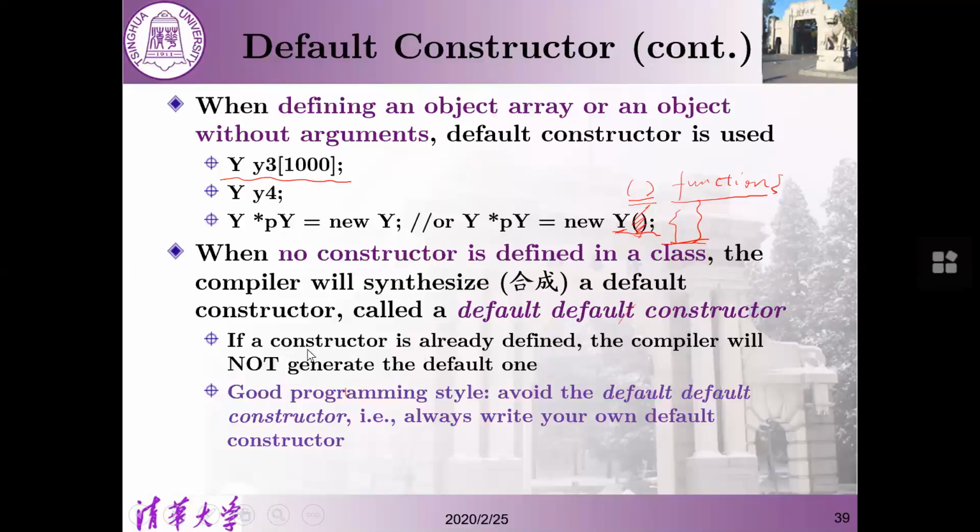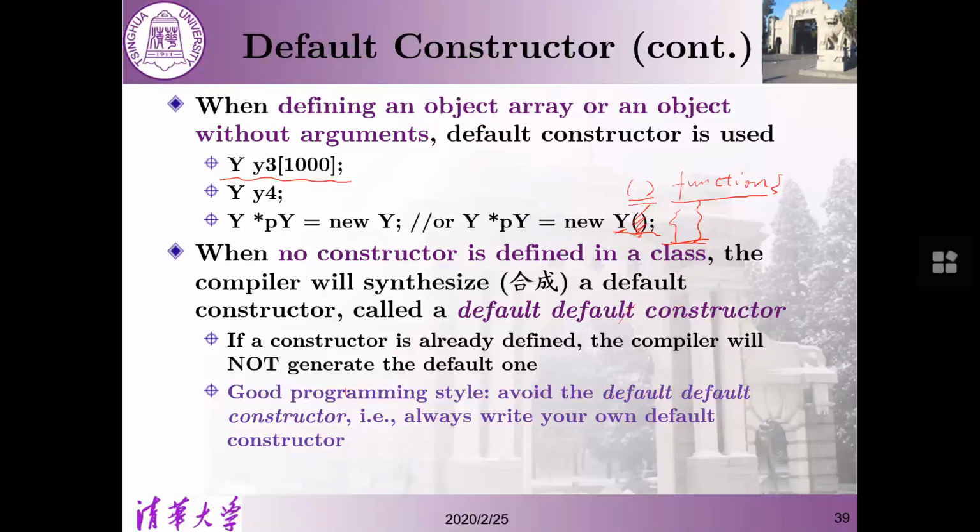This grammar is that if a constructor is already defined, the compiler will not generate the default one. So a good programming style is to avoid relying on the synthesized default constructor. Always write your own default constructor. In this way, you control everything. Don't depend on the compiler to do something.